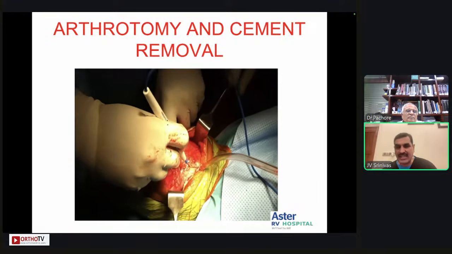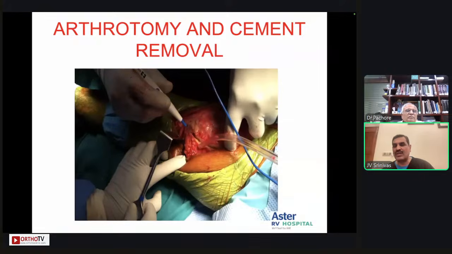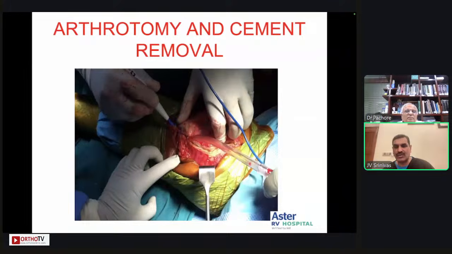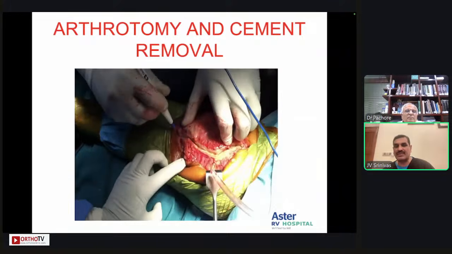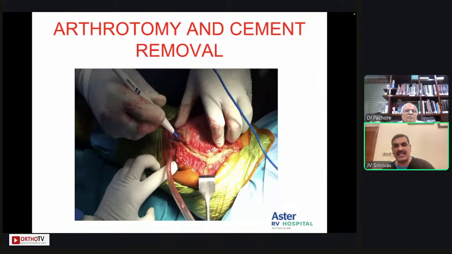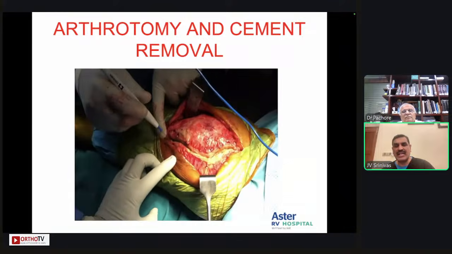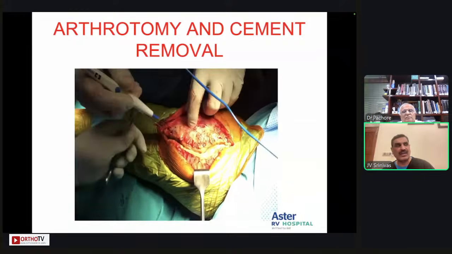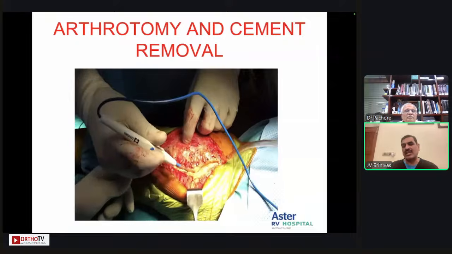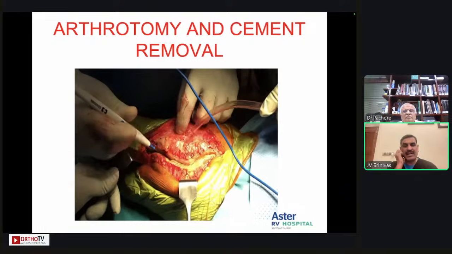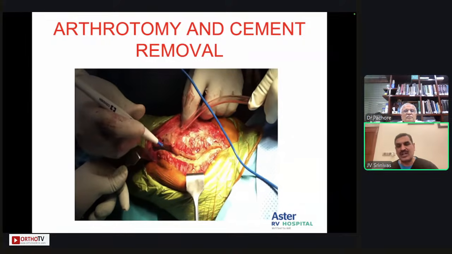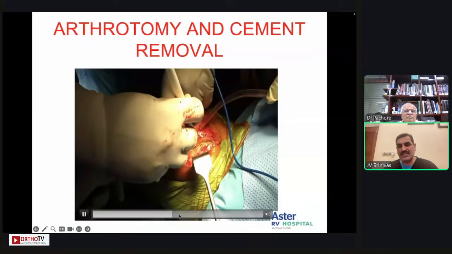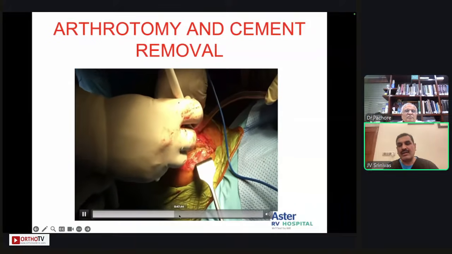We decide on the table, as I said before, whether to do a quadriceps snip in a stiff knee, whether to do a VY-plasty because of the contracted quadriceps tendon, or if the patella is not lying in the right place, then I will think of doing a tibial tubercle osteotomy, then my exposure down. First, do a medial parapatellar arthrotomy and open up the joint and see the mobility of the tendon. We'll see how much your patella can be lateralized.